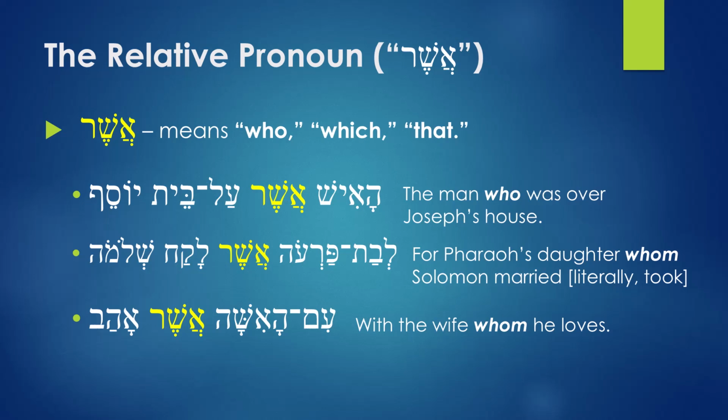So with the wife whom he loves. And you can see that asher has no paradigm. It's the same for both masculine or feminine. Asher is just one form for the singular and the plural, for the masculine or the feminine. That's one thing that is encouraging. You don't have to master any paradigm, just one form, asher, and it means who or which or that.